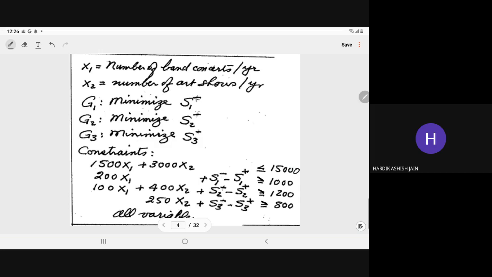This is the 15,000, right? And 2x1 plus s1 minus, s1 plus, is equal to 1000, is equal to 1200, is equal to 800, and all the variables must be greater than or equal to 0. Clear? How to write the goal?